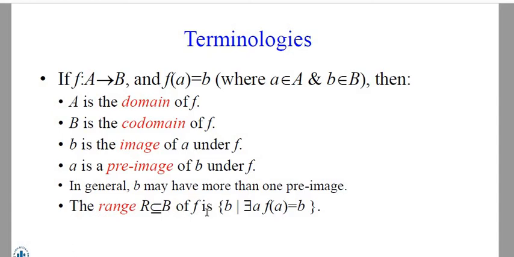So the range R is a subset of B of the function such that there exists a with F of a equal to b. Okay, so like this you have to represent the range.